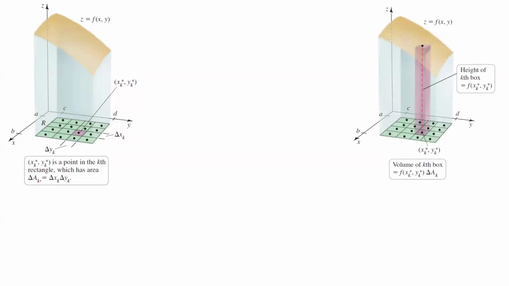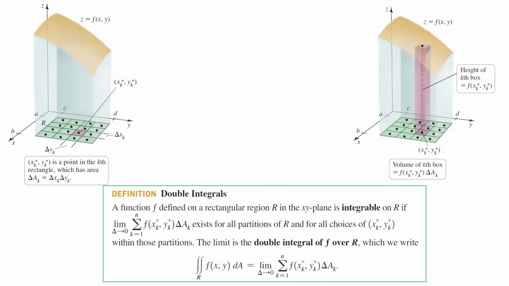Delta A sub k is delta x sub k times delta y sub k, which is the area of these small rectangular objects. Now, if you find the height of the kth box, which is f of x sub k star, y sub k star, and multiply that by this little area, you basically find the volume of the kth box. Now, if you add all of these together, you basically have the approximation of the volume.